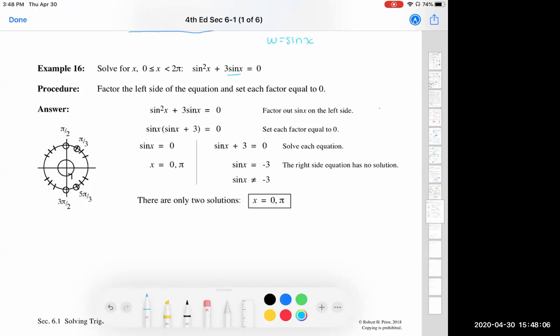If we do that, we can rewrite this to be w squared plus 3w equals 0. And we can try to factor from there, right? From each term I can factor out a w, and I'm left with w times w plus 3. Cool. I can solve each one for 0. Let's solve each one for 0.